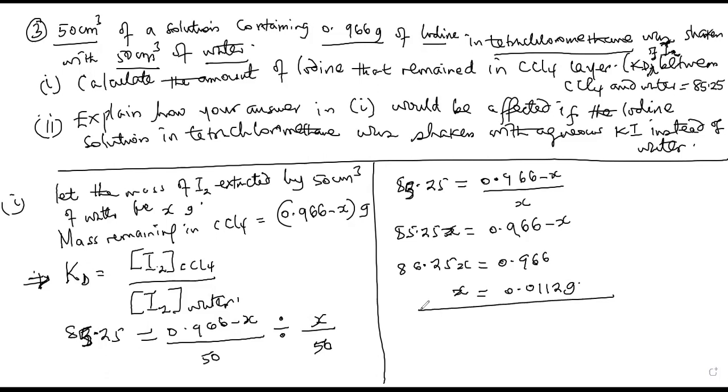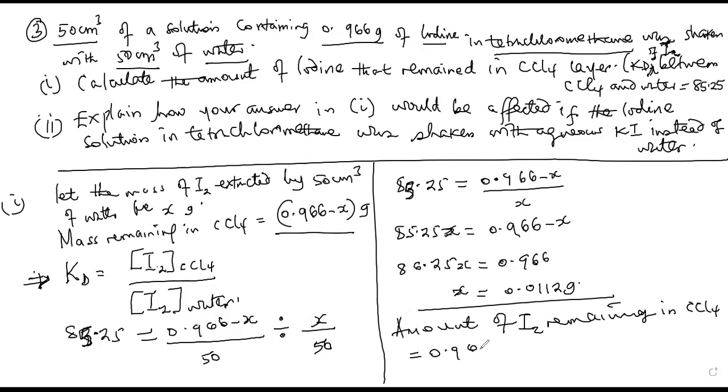After getting this, this is the amount that goes to water, the aqueous layer. They want us to calculate the amount of iodine that remained in tetrachloromethane, so we substitute for the value of X. The amount of iodine remaining in the organic layer, the tetrachloromethane layer, is going to be 0.966 minus 0.0112, and this is going to be 0.9548 grams.